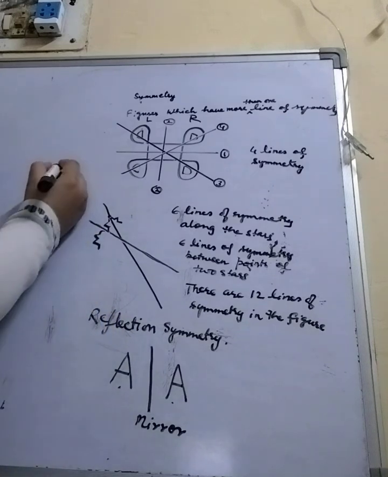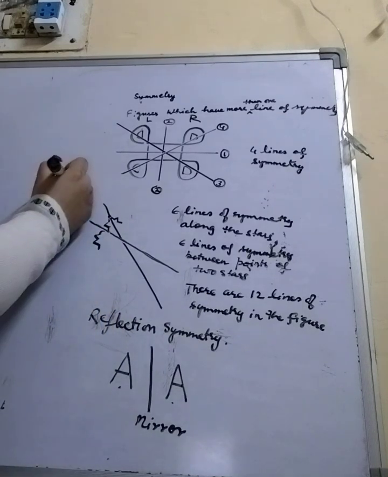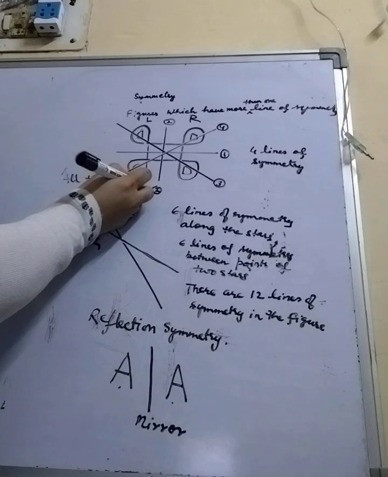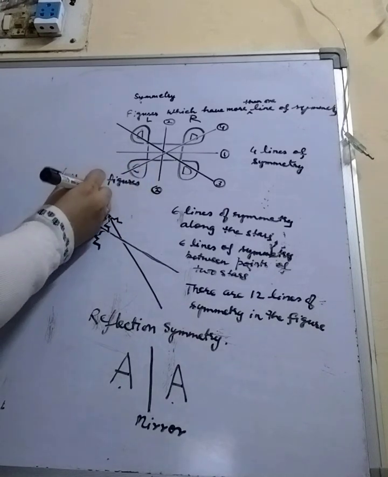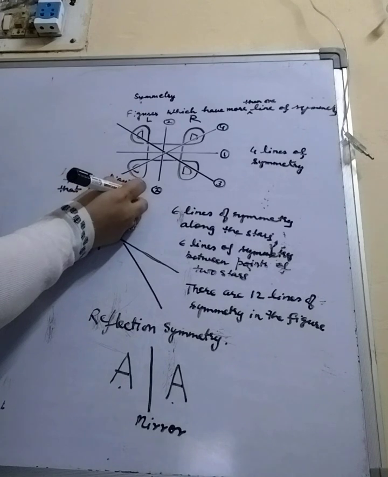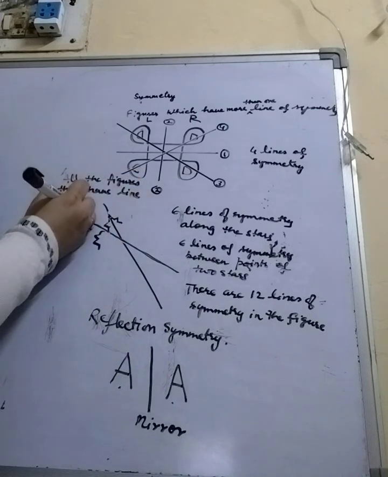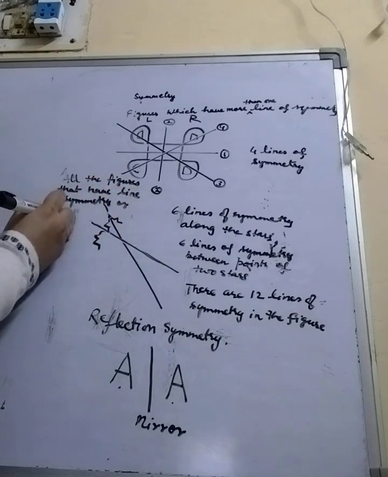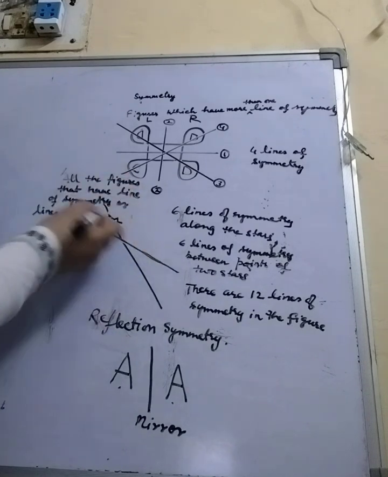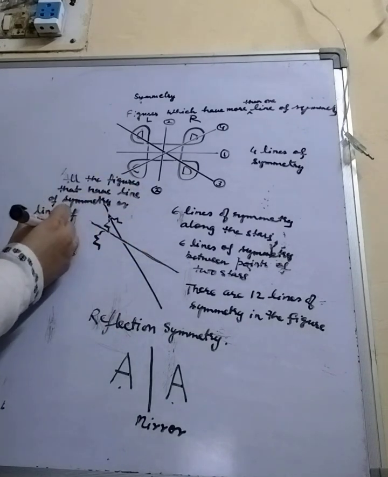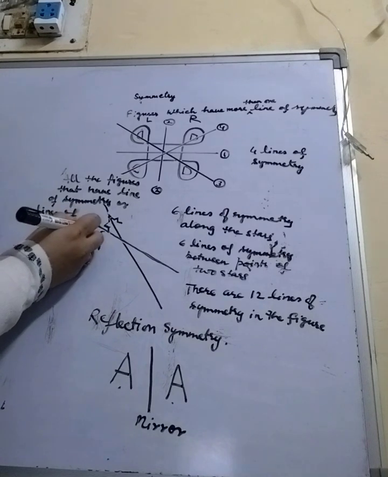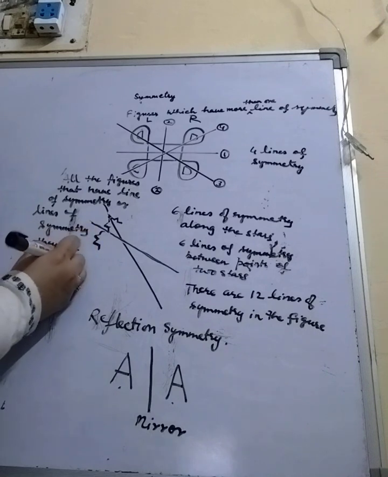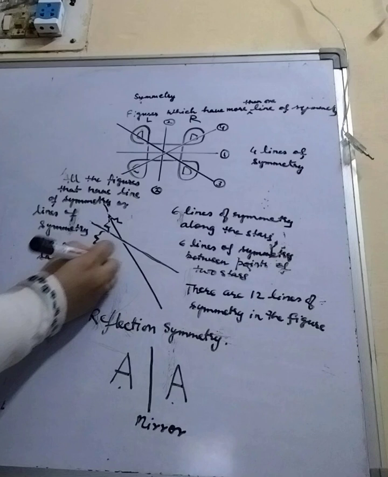So in this way we get the conclusion that all the figures that have a line of symmetry or lines of symmetry, either one line or more than one line of symmetry, are said to have reflection symmetry.